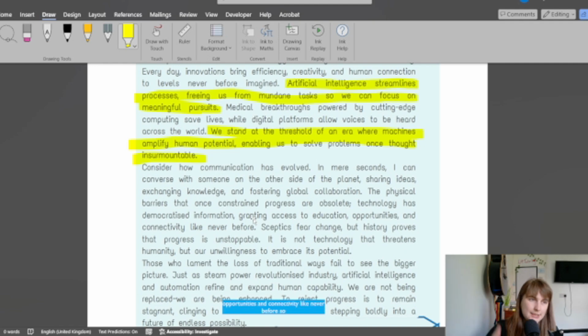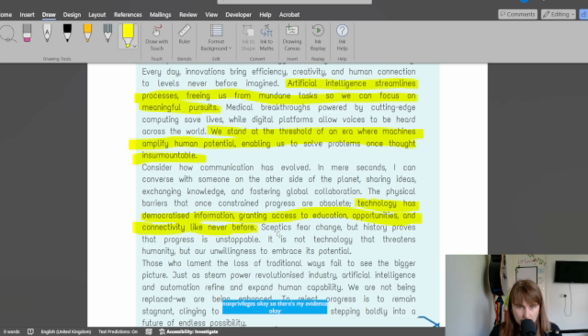So what it's saying is that people who were perhaps in an economic or social situation in previous decades might not have had the same access to education or information as they do now because of the widespread of the internet. So it's actually saying that it's breaking down barriers perhaps between classes or between privilege and non-privilege. Okay, so there's my evidence.